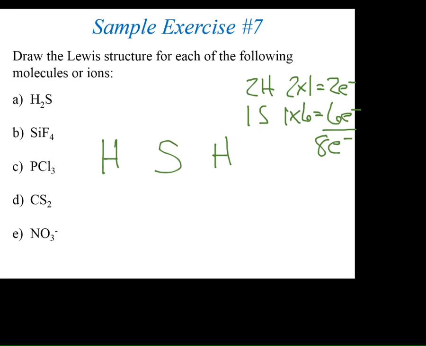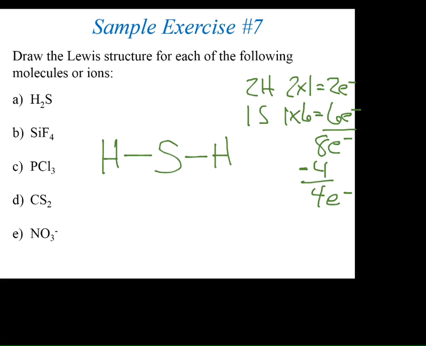Okay, what's the next step? Combine them. Make bonds. So I'm going to make a bond here. I'm going to make a bond here. What does every bond do? It means I used up 2 electrons. So how many did I use? Subtract 4 from my total. I have 4 left.